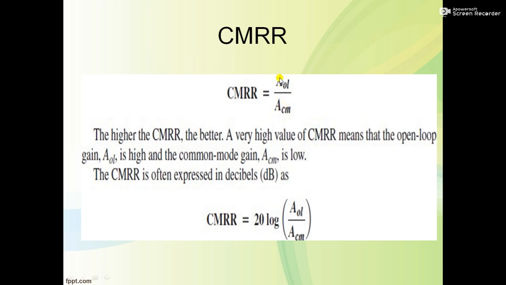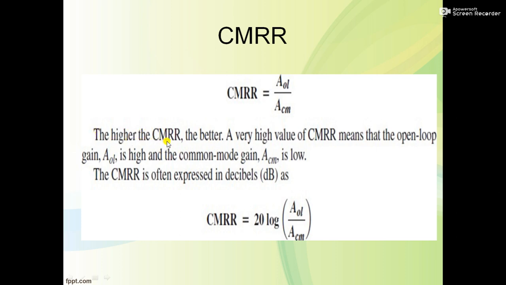The numerator is the differential gain, and the denominator is the common mode gain. The ratio of this gain is nothing but the CMRR. With the help of this ratio, we can reduce the percentage or value of the common mode error signal.